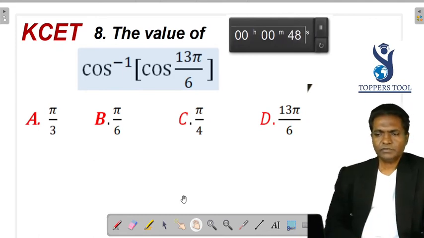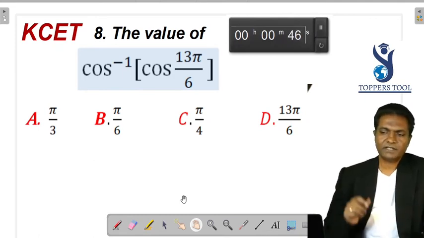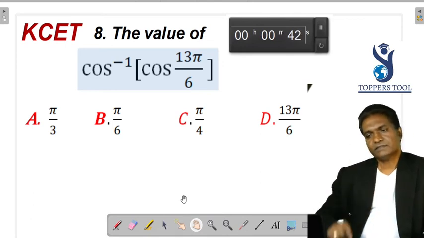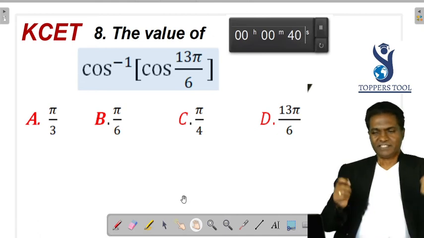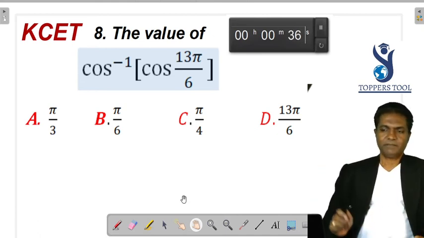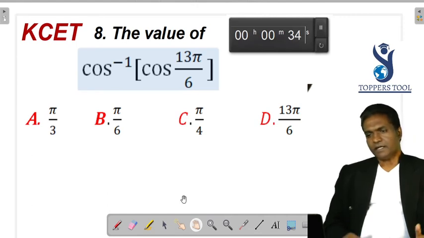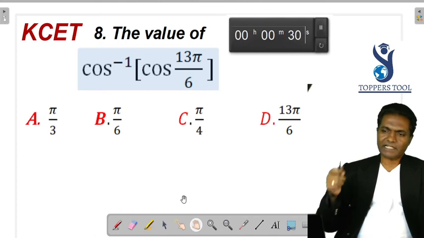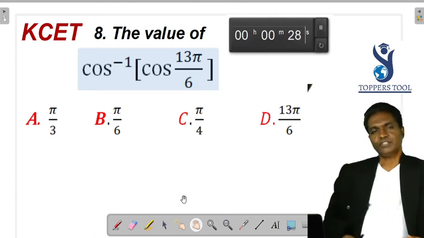One hint I will give you: 13 pi by 6. 13 by 6 means you can write 2 plus 1 by 6, meaning 2 pi plus pi by 6. That is the hint. Using that you can do it.